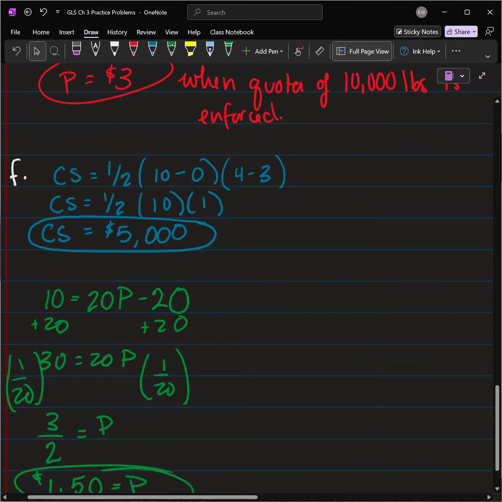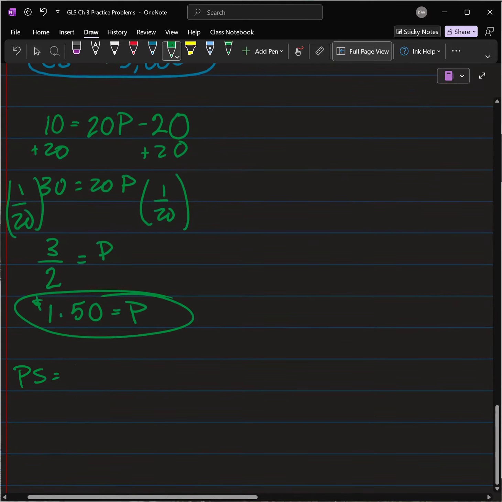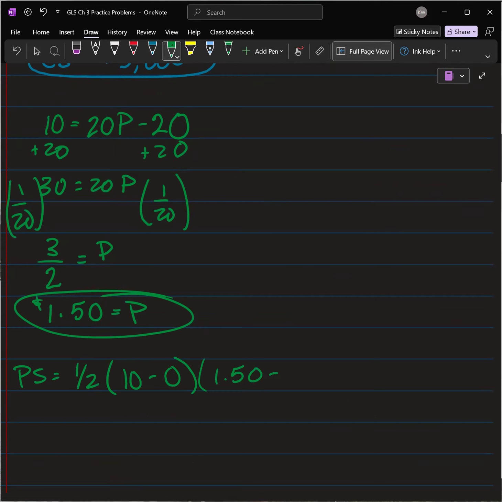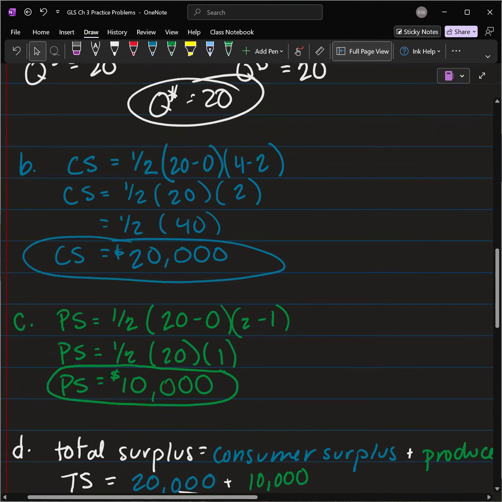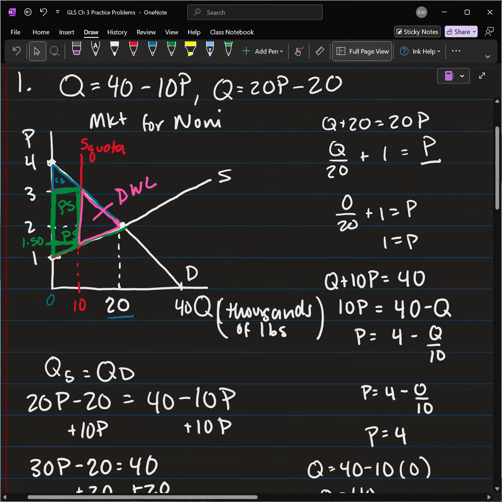So for our triangle here, producer surplus is going to be 1/2 times the base, which is that 10,000 sold, times our height, which is $1.50 minus the supply choke price of $1. And then we're going to add the area of our rectangle. If you remember, you can find the area of a rectangle just by multiplying length times width.